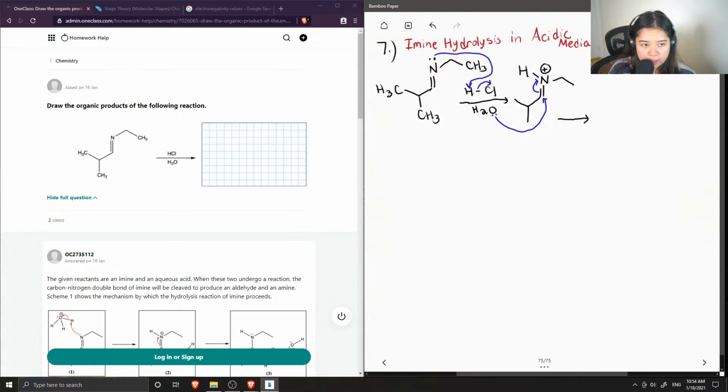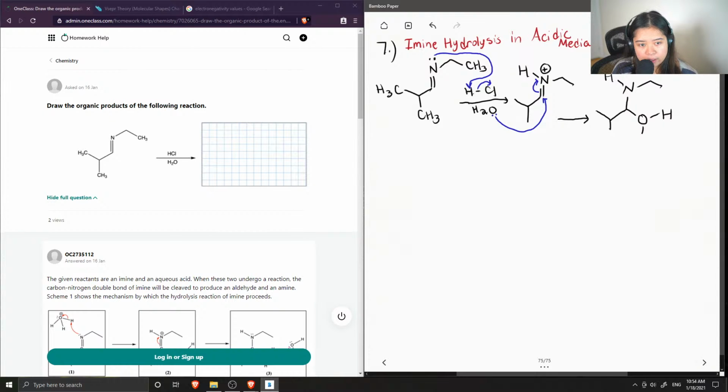So now we have a single bond here. The nitrogen. And we have a newly formed oxygen bonded with the carbon.